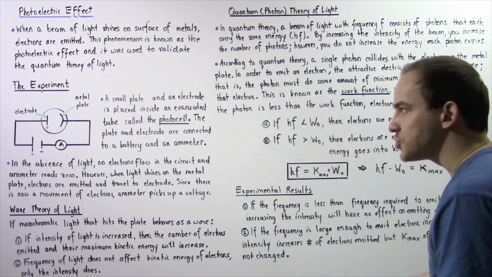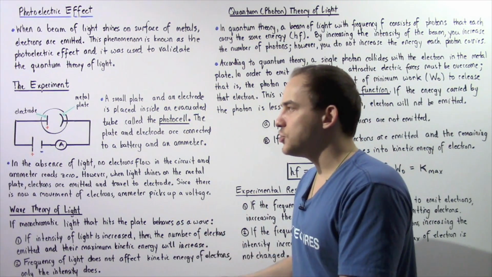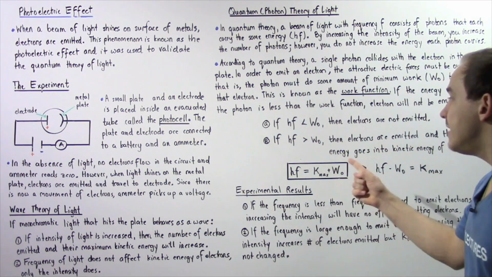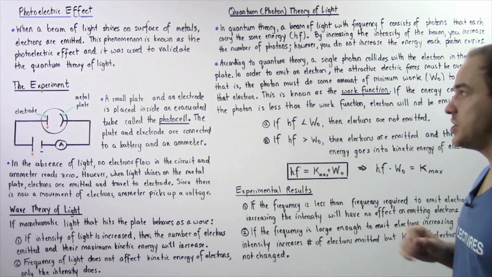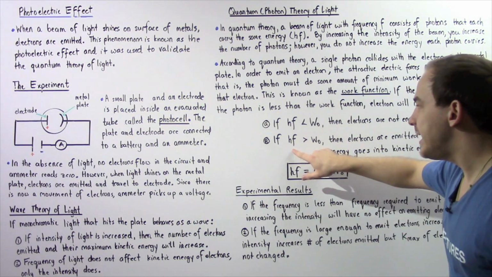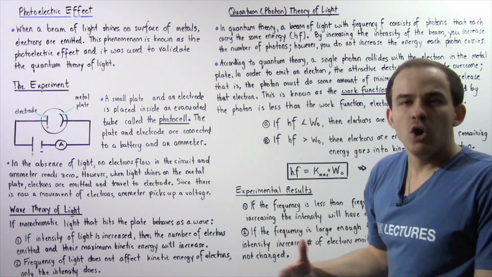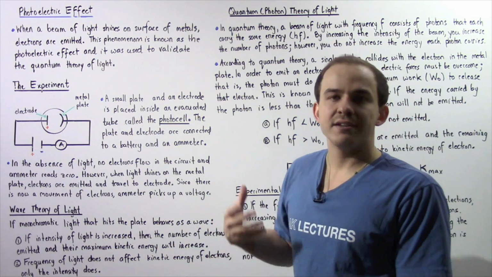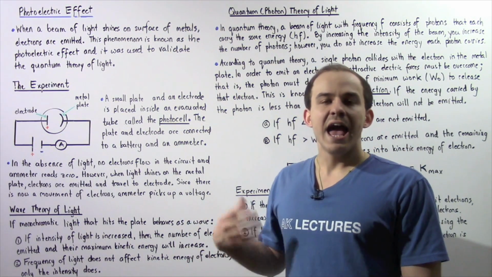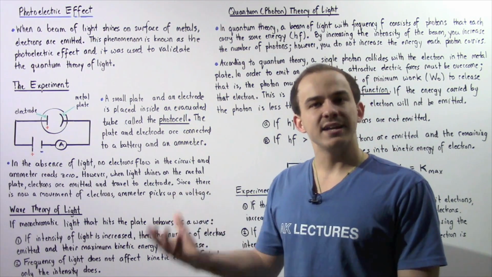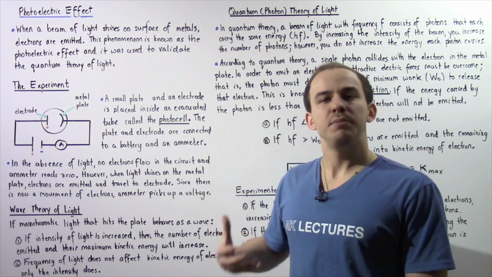What will change the maximum kinetic energy of the electron is if we increase the frequency of the light. If we increase the frequency of light, we increase the energy carried by that photon, and so the maximum kinetic energy of the electron will be greater.